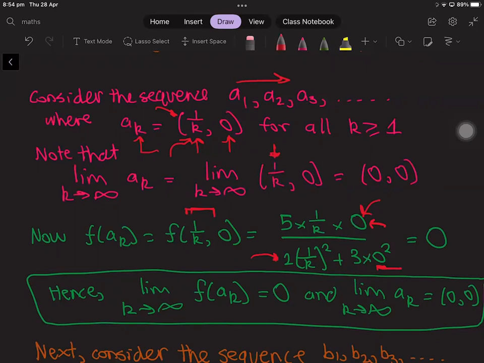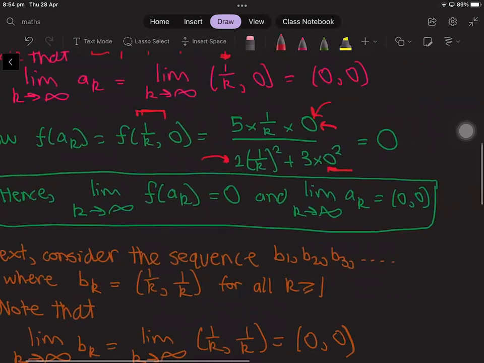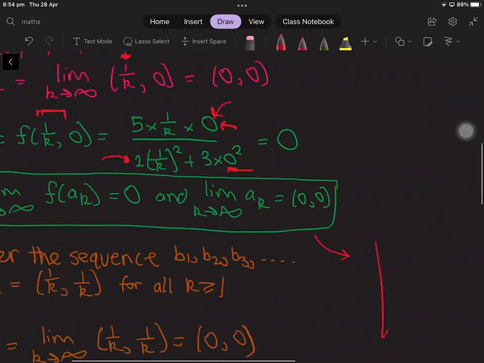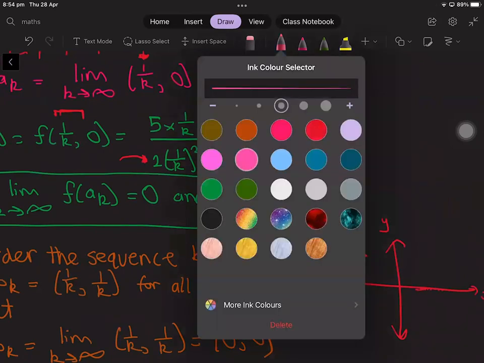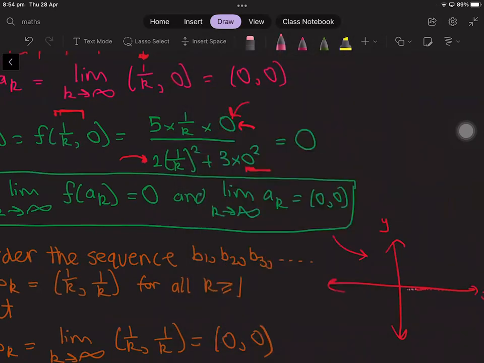So if we visually look at this, the points will look something like this. The points ak will approach the origin, and as we approach the origin from this direction, f will always be 0.